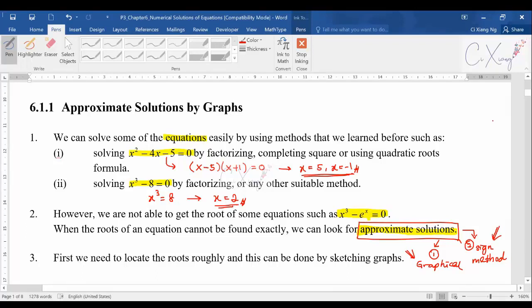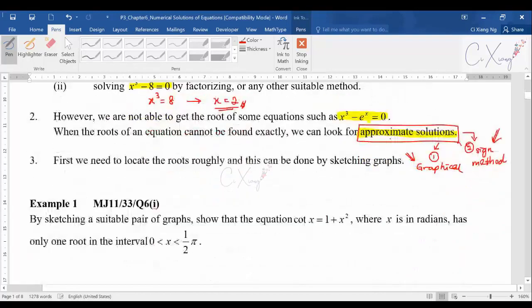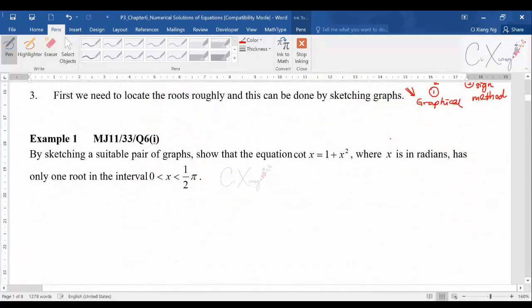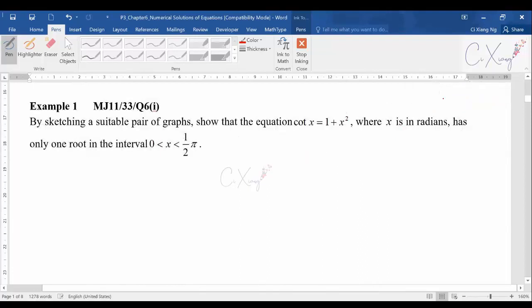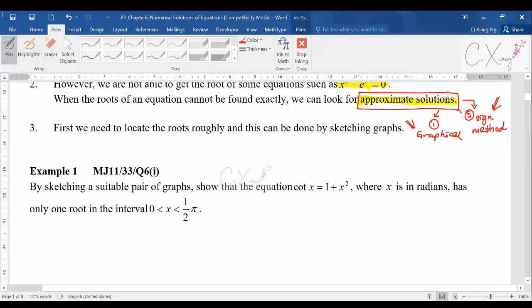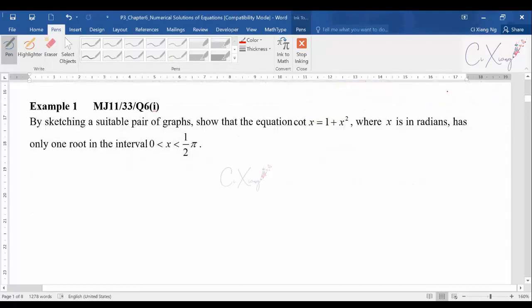Right? Okay, so let us start with our example here. Now, how will the question be asked in the exam when they want you to locate the approximate roots? You can have a look at example number 1. For example number 1, you will see the keyword that they ask you to sketch a suitable pair of graphs.